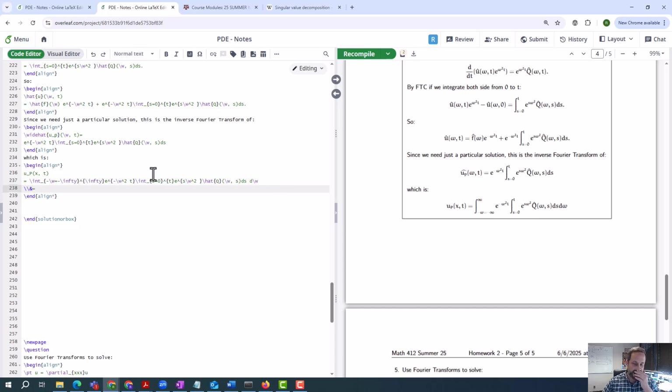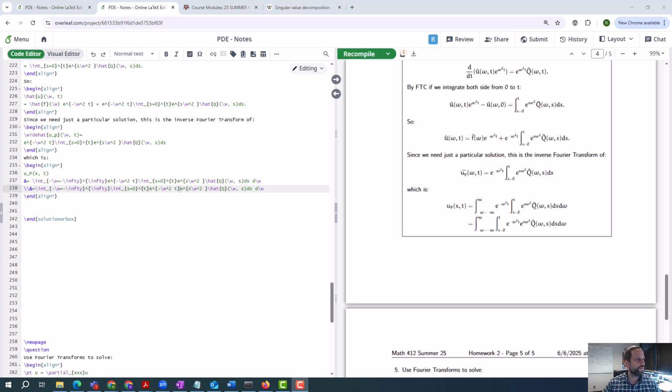Or not, sorry, not one integral. That didn't make sense. You'll see what I mean. I'm going to take this, which is in between the integral signs, and put it right here. Oh, sorry, I've made a mistake here. After the d omega, I need to have e to the i omega x.